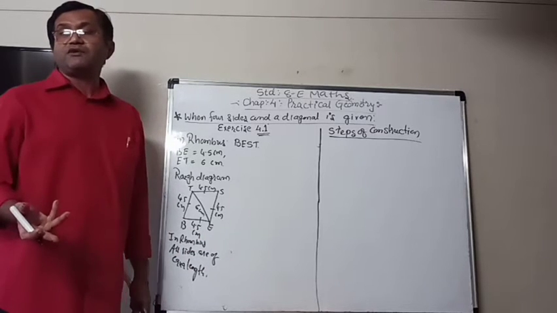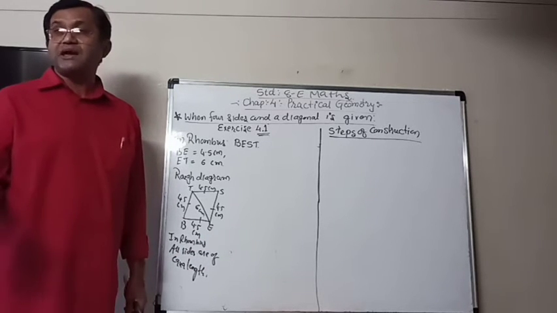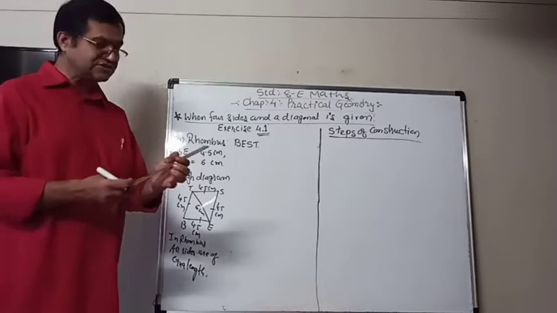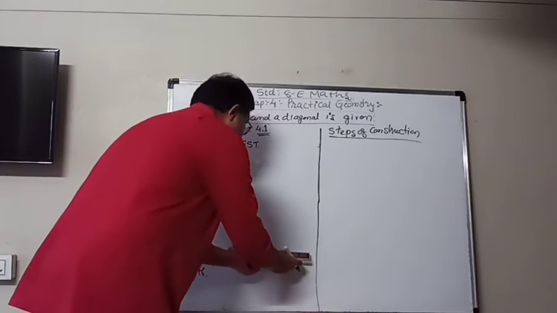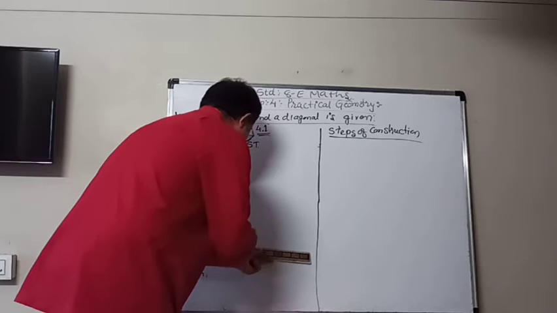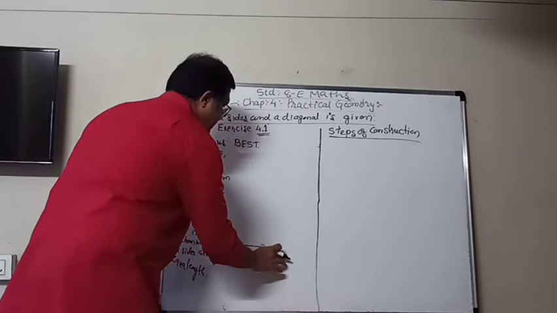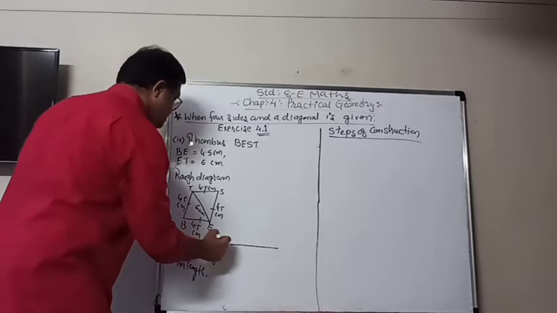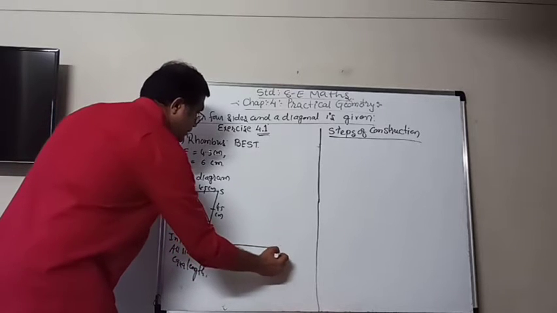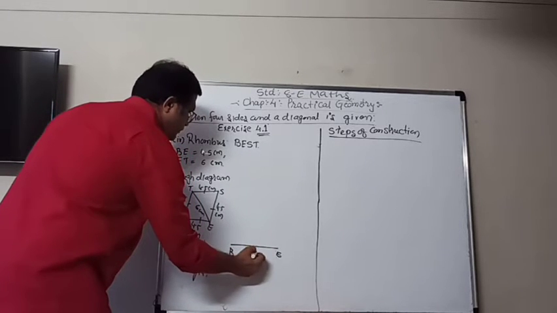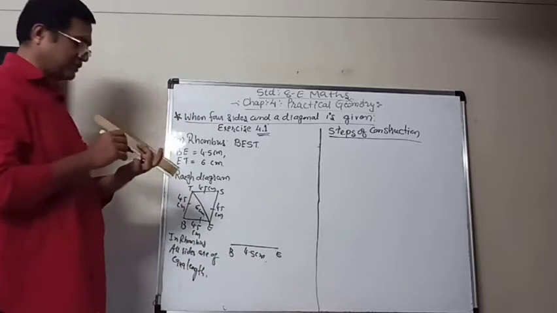So I can't take 4.5. So I will take 4 times. Means 18 centimeter. So I will draw a line segment of 18 centimeter. That is my line segment of 18 centimeter BE. But for you it is 4.5 centimeter.